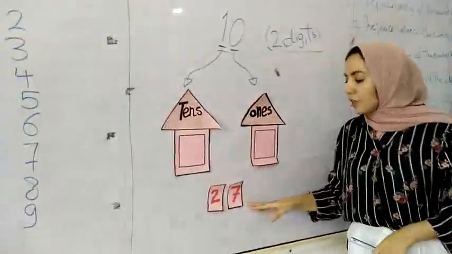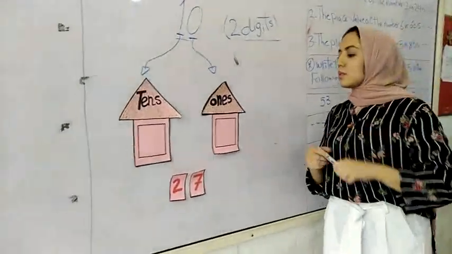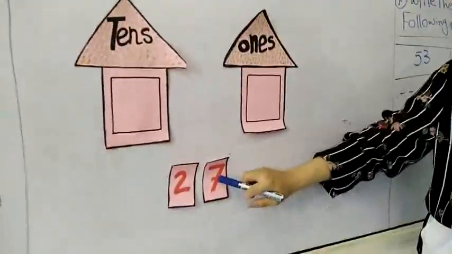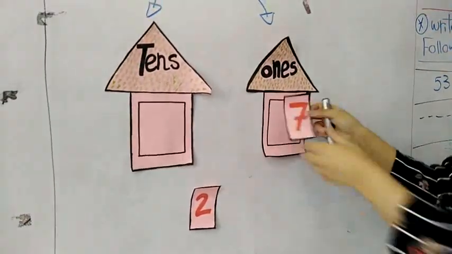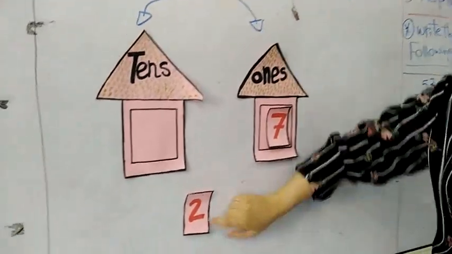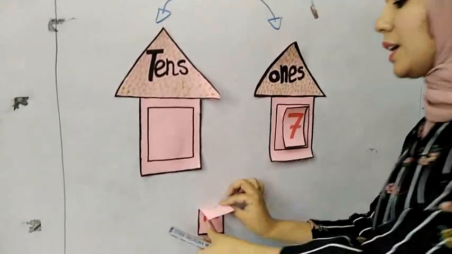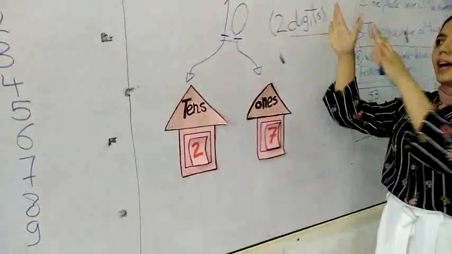I have now 27. 7 will stay in which place? Let's remember, 7 is the first place, so I will put it in ones place because it's the first place. What about 2? In the second place, which is tens place.